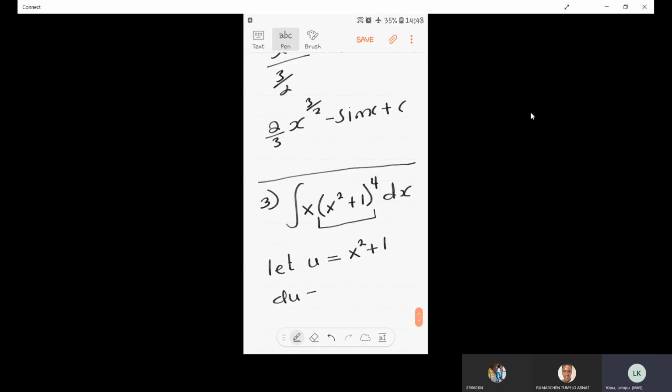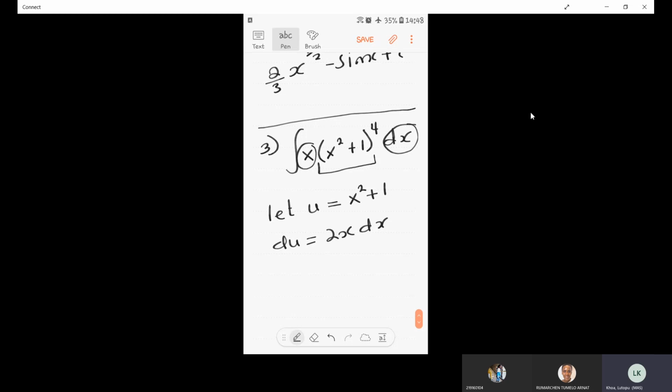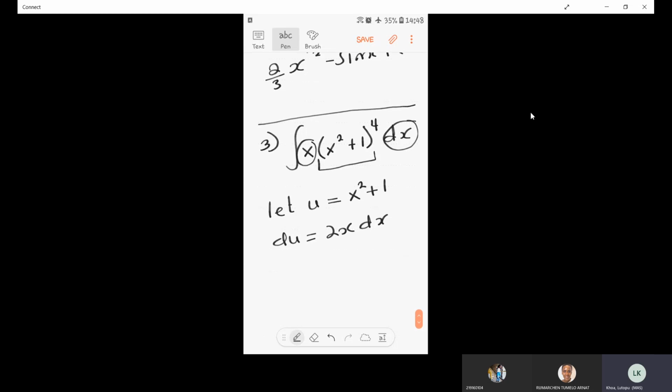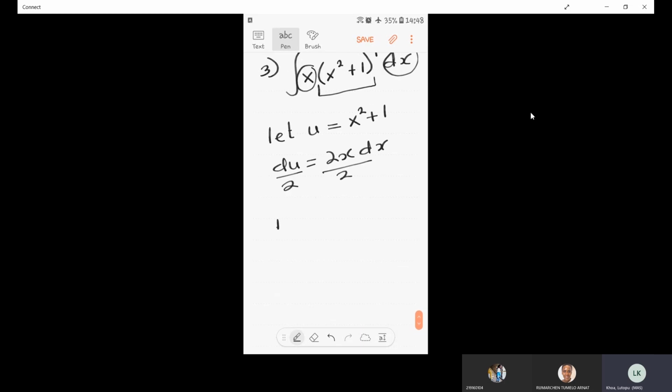This means that du is equal to 2x dx, but over here I only have x dx. So I'll divide by 2 on both sides, then I have half du is equal to x dx.